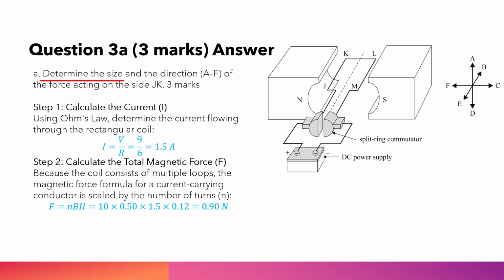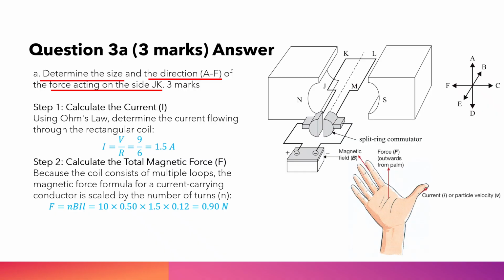Determining the direction of the force. To find the exact direction of F, we apply the right-hand palm rule, or Fleming's left-hand rule, to the side JK. Current, I flows from the positive terminal to the negative terminal.